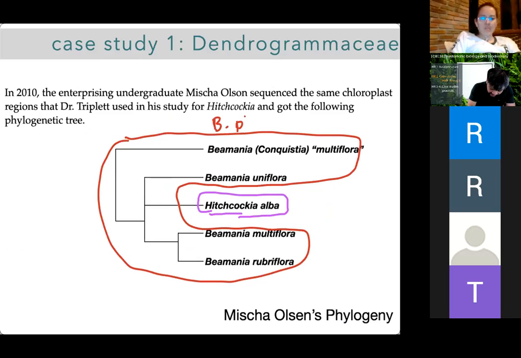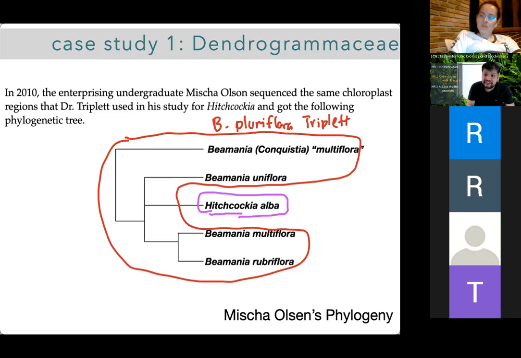So let's say I call it Periflora, and the new name would be by Triplett. And notice that I did not put Wagner in there because this name is completely new. Triplett came up with a new name, so you don't have to credit Wagner. There's a way to credit Wagner, but it's a different format. I will show you later.